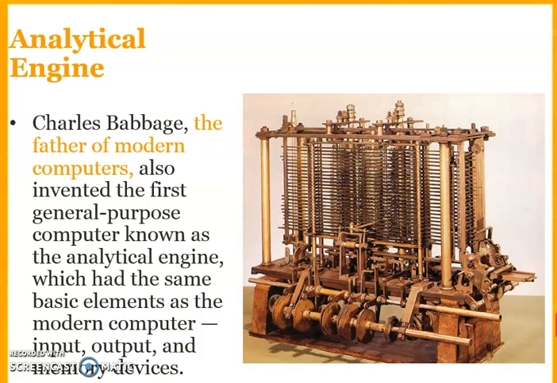It is basically the father of the modern computer, because that machine had an input device and was also attached to some memory devices. So that was the base of the modern computer, because modern computers also contain input devices, output devices, and memory devices.